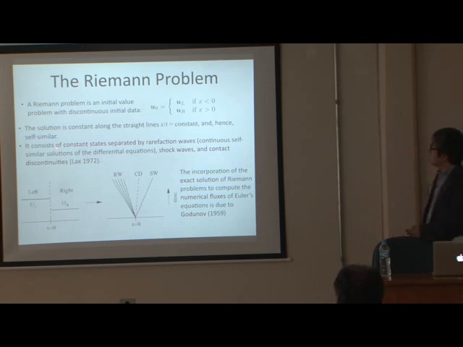So it consists of constant states separated by the rarefaction wave. This is a continuous self-similar solution of the differential equation, and also the shock wave and the contact discontinuity. Here is one sample we can show. This is the x equals 0 point. We have a variable here. On the left we have some value, and then there is a discontinuity with the right value, UL and UR.